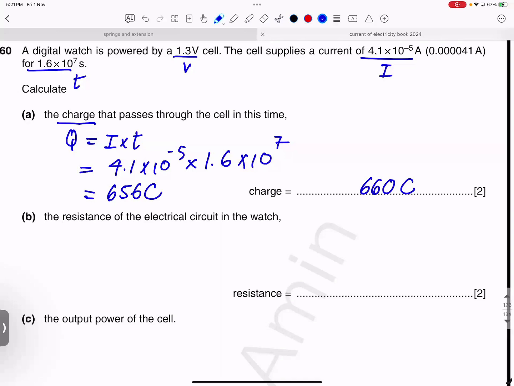The resistance of electrical circuit. So resistance is V over I. Voltage is 1.3.